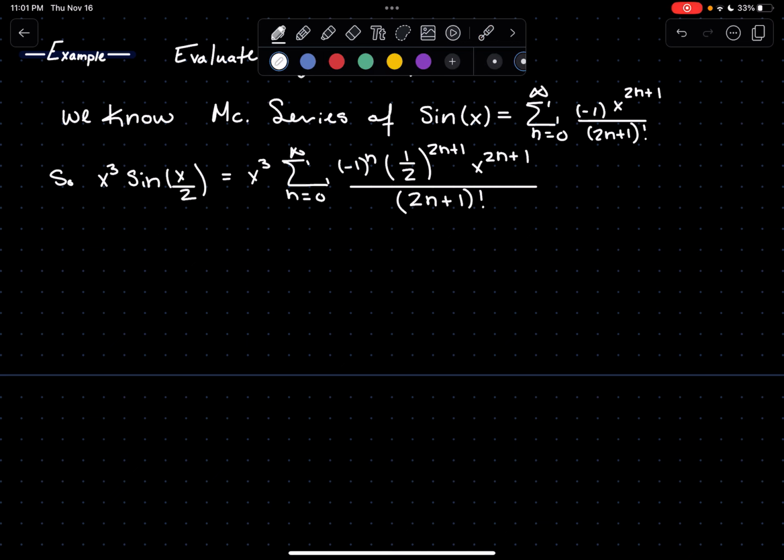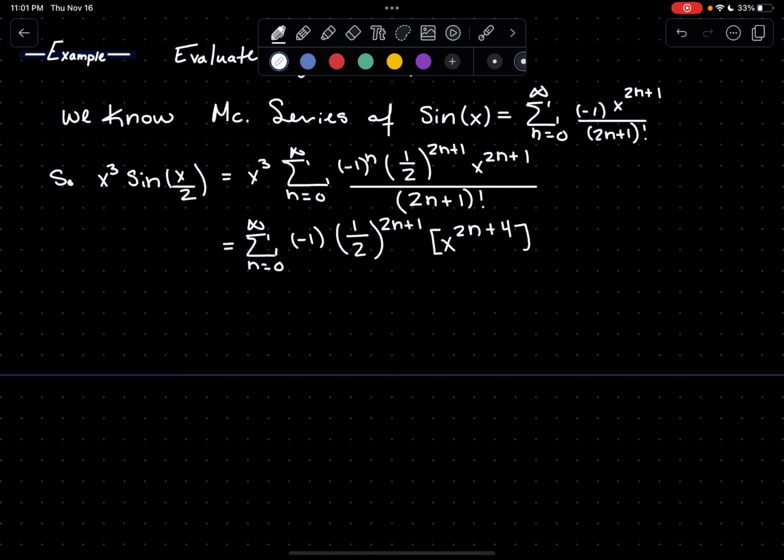So this is just going to be equal to the sum from n equals 0 to infinity of negative 1 times 1/2 to the 2n plus 1 times x to the 2n plus 4, since I'm adding 3 to the exponent, over 2n plus 1 factorial.